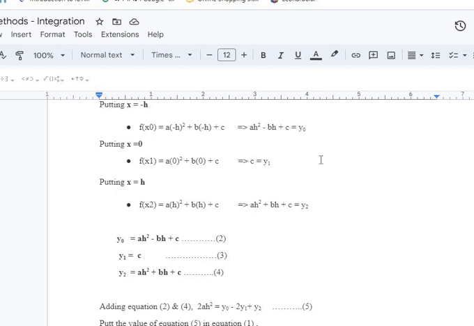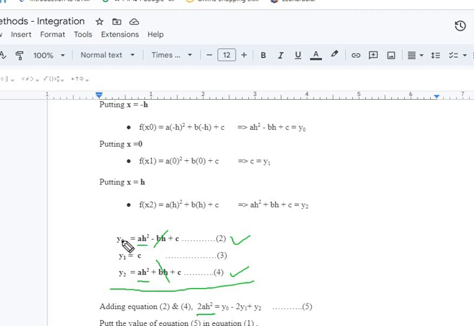So we can just rearrange this one. By adding equation 1 and 3, obviously the b terms will vanish. So what is left? ah square plus ah square gives you 2ah square.